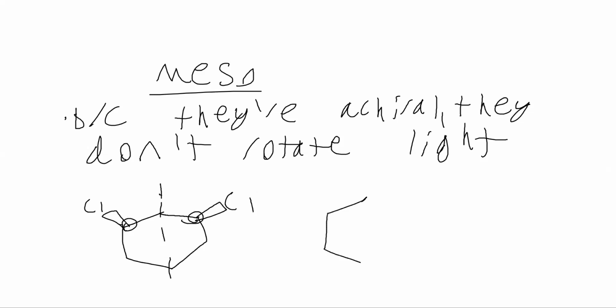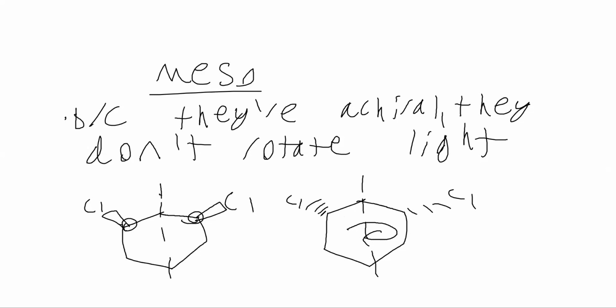I could also draw it like this. And you might think at first glance that that's an enantiomer because we flipped the configuration. They both have the chiral centers from wedges to dashes, but again, there's this internal mirror plane. So because of that mirror plane and the fact that it's a meso compound, we could take this molecule and, it's hard to show with just a pen, but flip it 180 degrees basically.